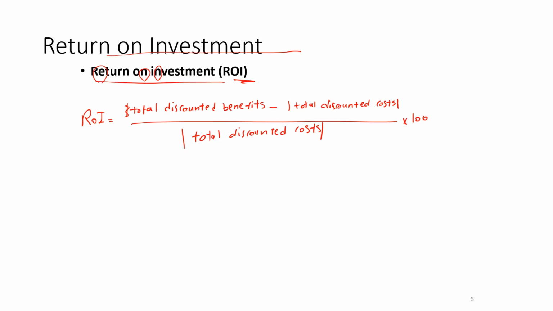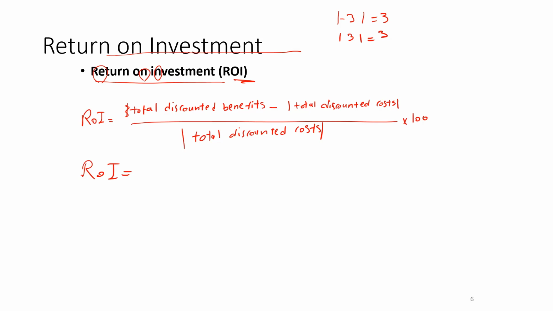Just recall from mathematics that absolute of a number just gives you the positive of that number. For example, absolute of -3 is 3. And if it's positive, it will remain positive. So everything in the absolute will be positive after that. So as you remember, you can write this as total discounted benefits minus absolute of total discounted costs, or total discounted benefits plus total discounted costs, which was NPV.